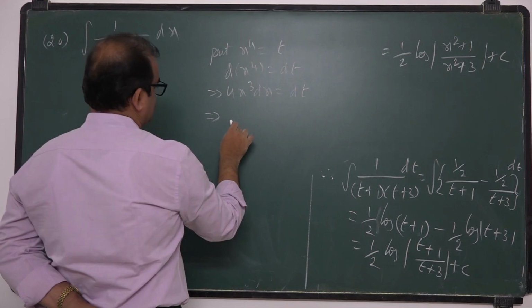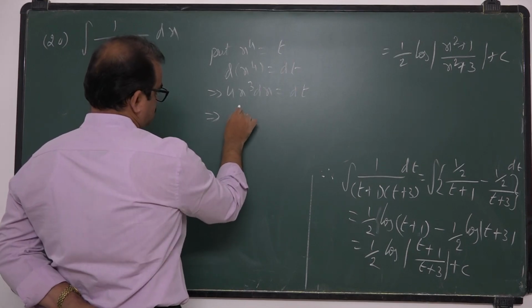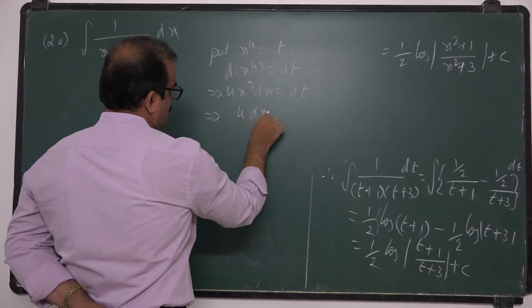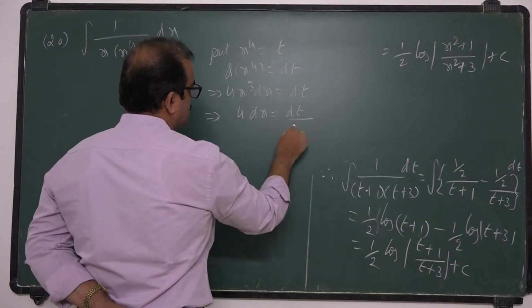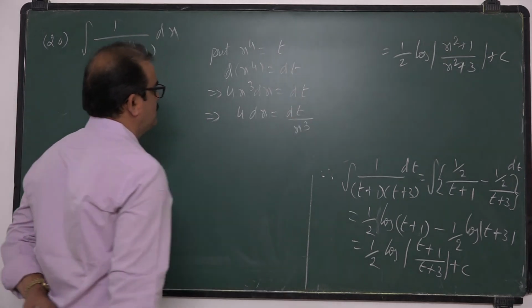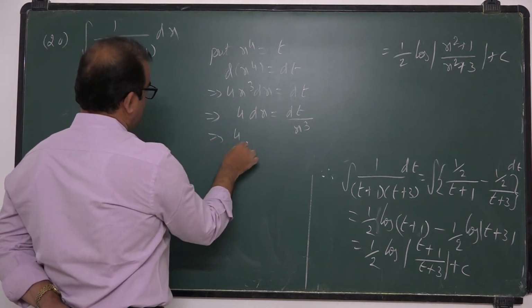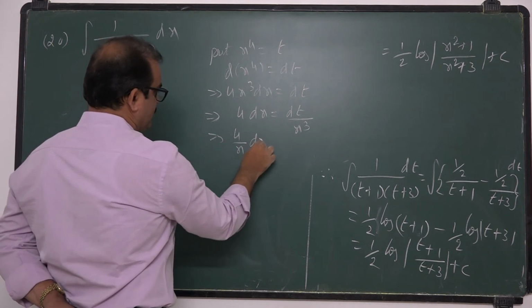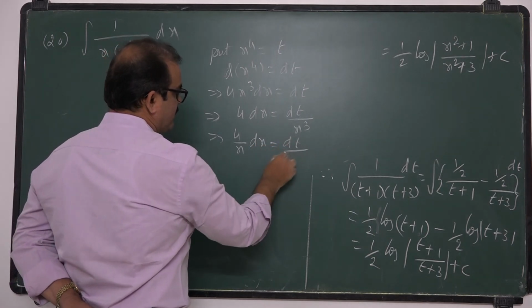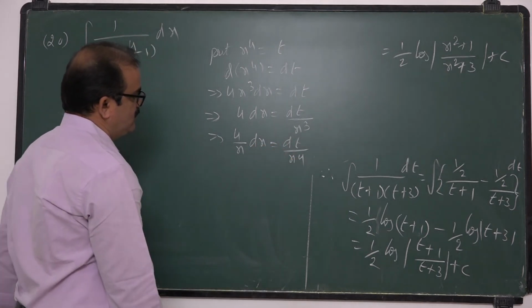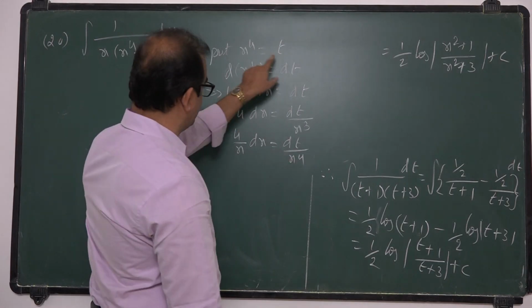Now from this, 4 dx is equal to dt by x cube. Divide both sides with x. 4 by x into dx is equal to dt by x power 4. But what is x power 4? That is t.